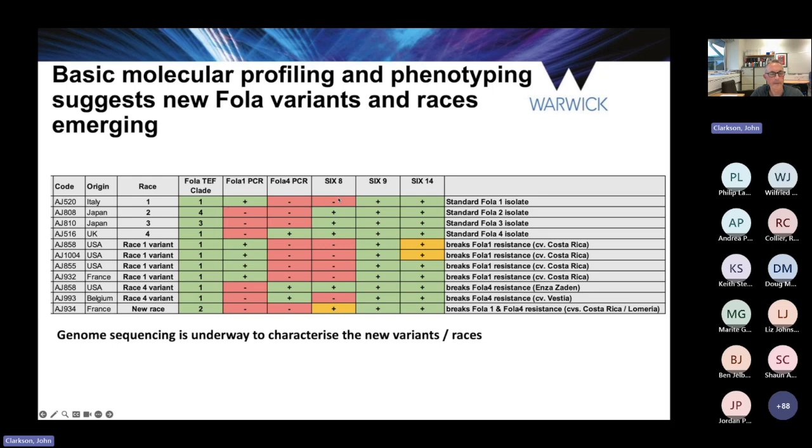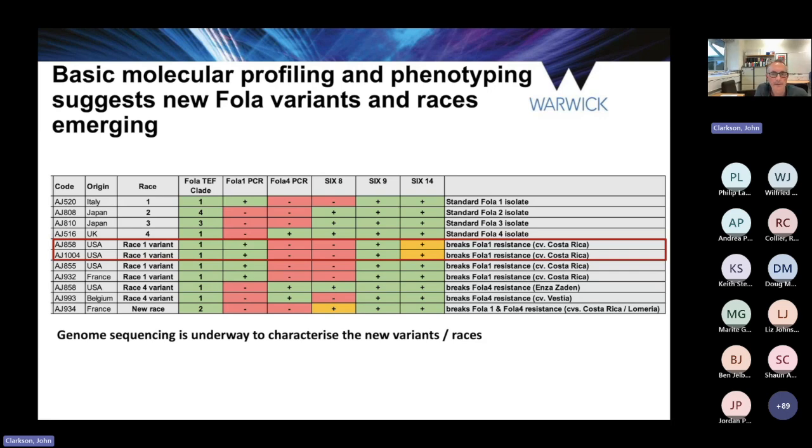But while profiling these various isolates that we were receiving, a couple of things came up which seemed anomalous, alongside some of the phenotyping that was being done by industry. I'm trying to highlight some of these in the table. The first couple of variants that we came across were what we're calling race 1 variants.